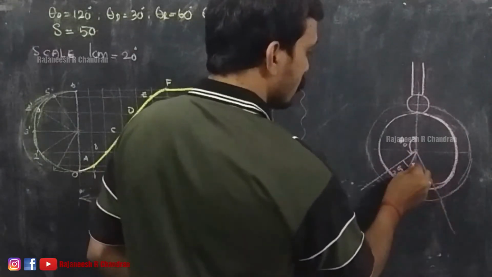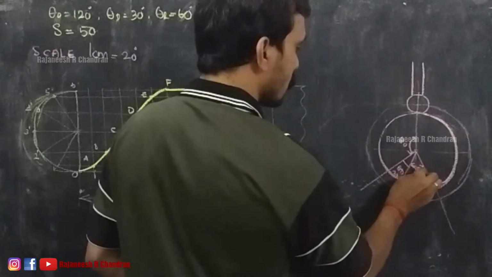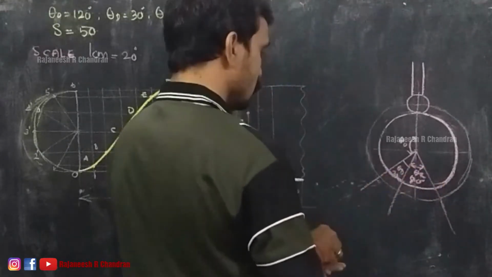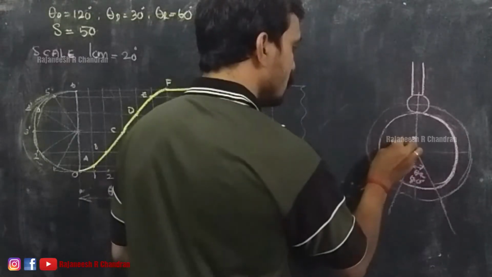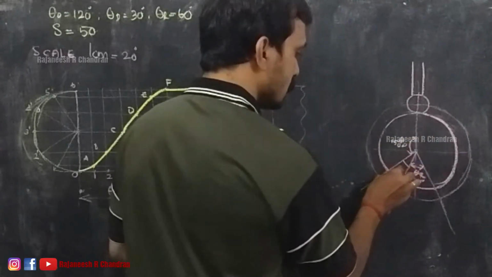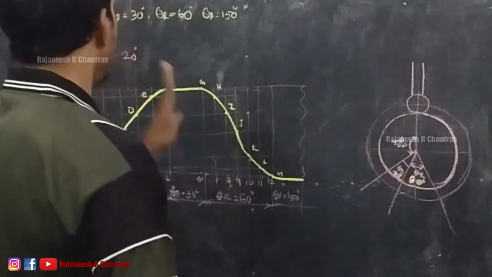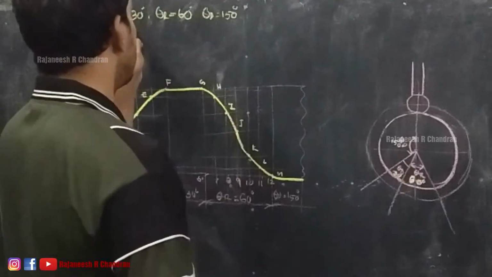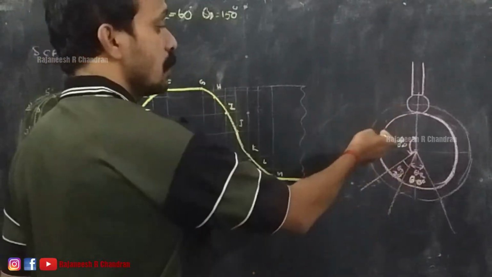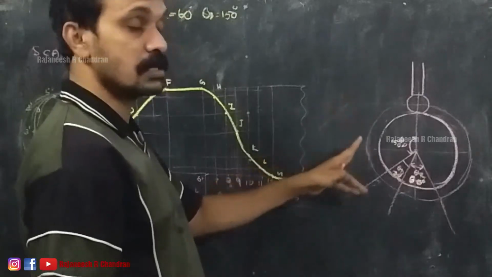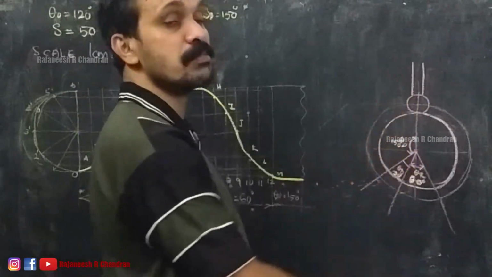So this is the return stroke, 60 degree. So this is 150 degree. This is 30 degree and this is 60 degree. So the outstroke, dwell and the return stroke have been marked on the circumference of the prime circle, right? So it is important that we have to divide the prime circle.